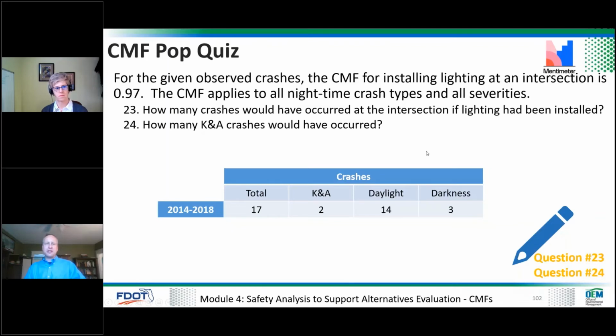No, that is the next one, then the last one here. How many K&A crashes would have occurred? So 16.91 was the answer, and how many K&A crashes would have occurred if we'd implemented those in the last 5 years?